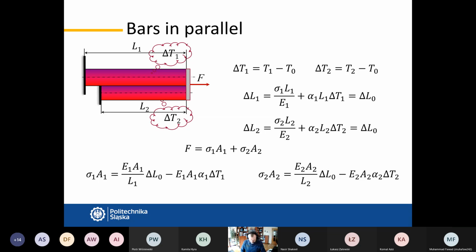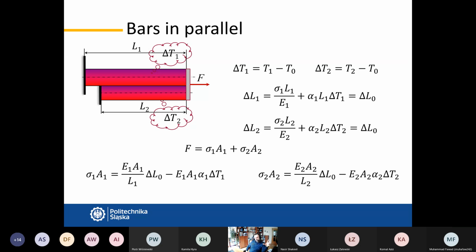Okay, we have discussed the basics of one-dimensional issues on thermal stresses. We'll discuss the bars first. Firstly, separate bars.